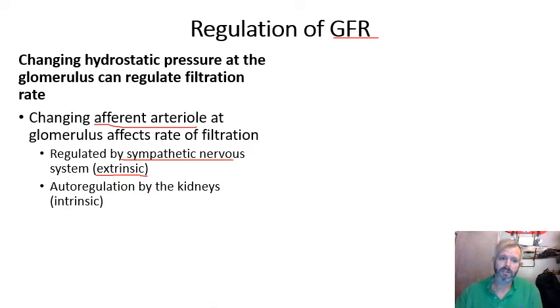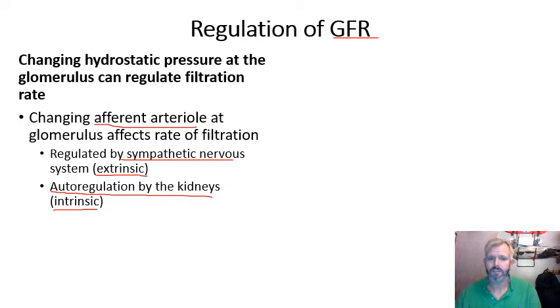But this can also be done by autoregulation. The stretch on that afferent arteriole is actually going to cause it to do a countering effect, which is intrinsic. It's intrinsic in that cells of the afferent arteriole do this.